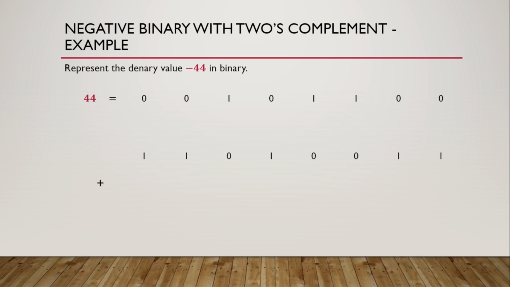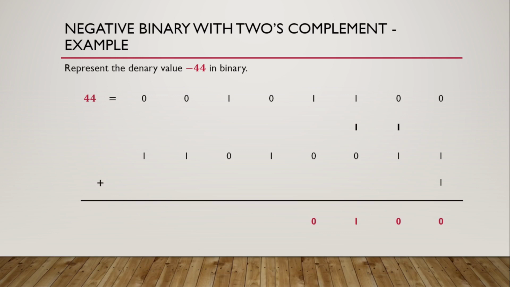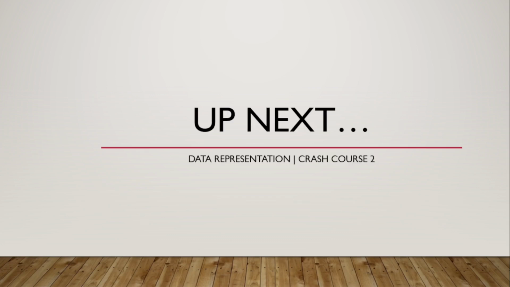So we have 0, 0, 0, 0, which will be 1, 1, 1, 1, and so on. So having inverted this, the third step is to add 1 to the least significant bit, and we perform our calculation by adding. So when we add, we are going to get these values.